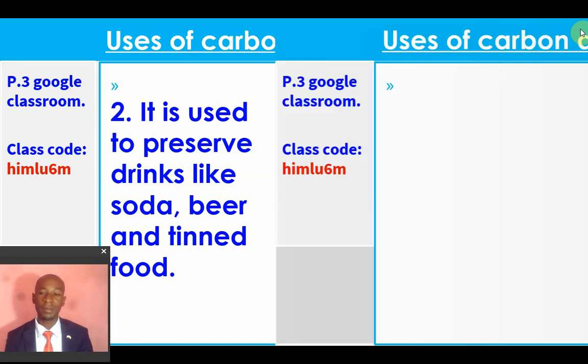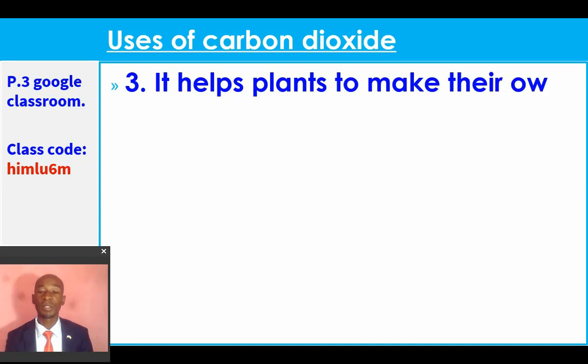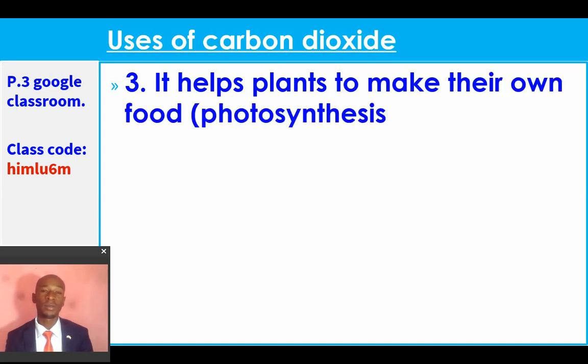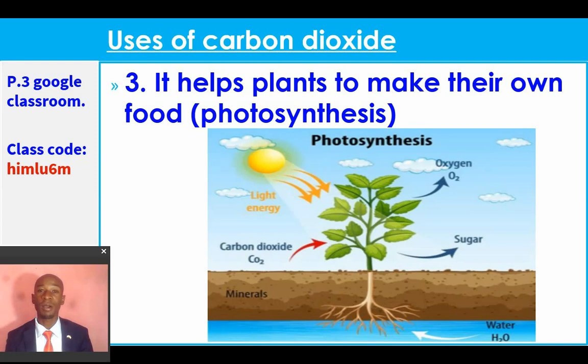Then we can have the third one. Another use of carbon dioxide is that it helps plants to make their own food through a process known as photosynthesis. Photosynthesis is the process by which plants make their own food. Yes. So here is an illustration to describe this.